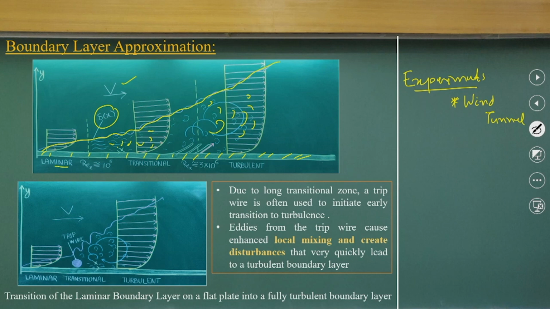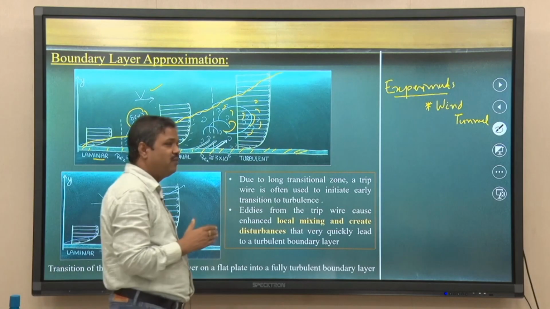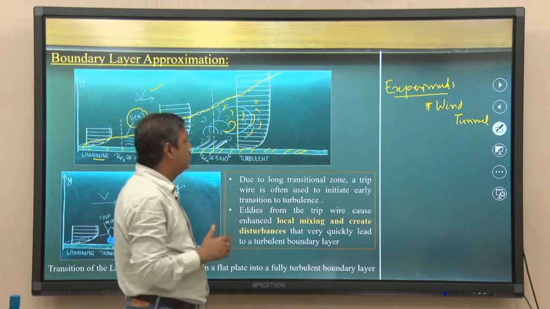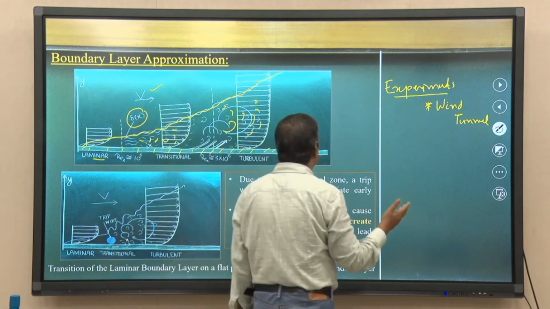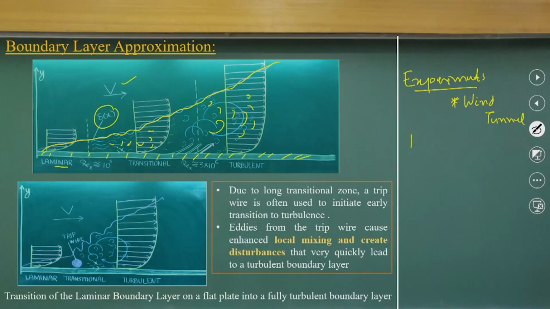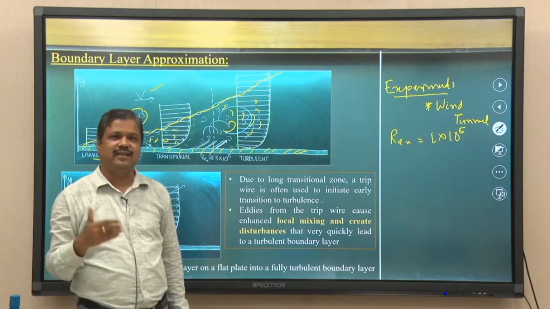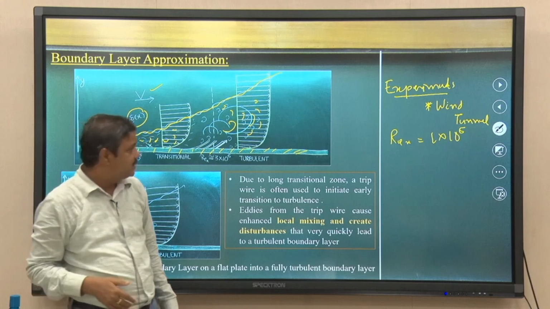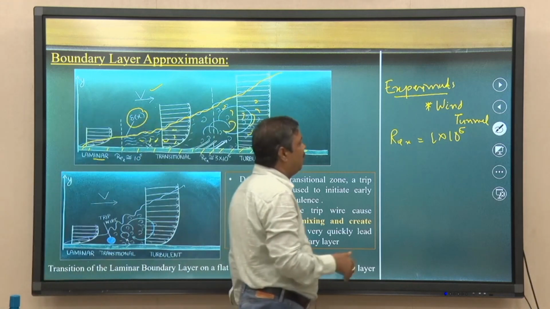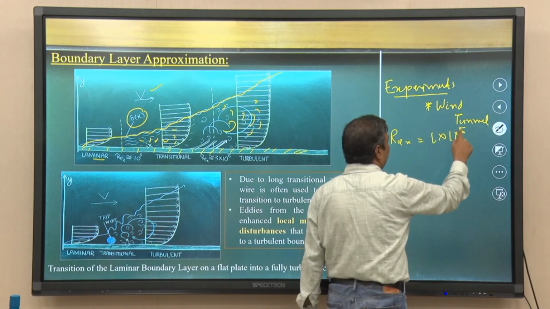From experimental fluid mechanics, they found two critical Reynolds numbers to define the flow from laminar to transitional and from transitional to turbulent. The Reynolds number is 1 lakh, which is easy to remember, 1 times 10 to the power 5. So if the Reynolds number is lesser than that critical Reynolds number, lesser than 1 lakh, 1 times 10 to the power 5.